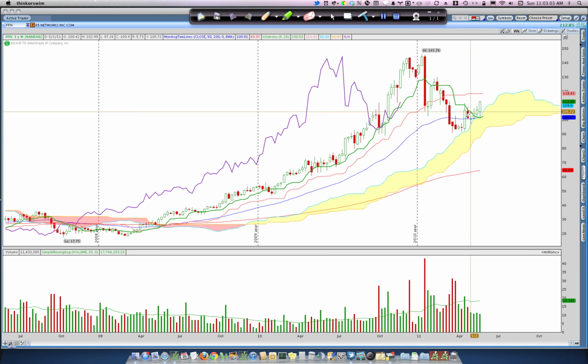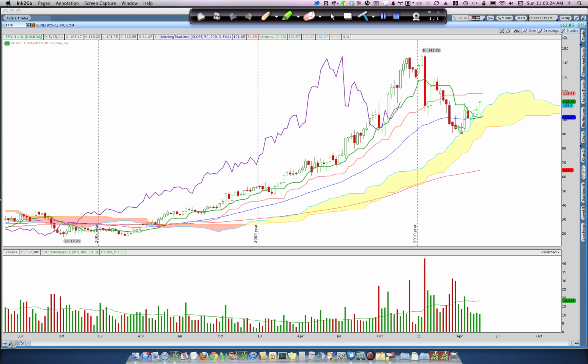The next one you want to know is your green line here, which they call the Tenkan-sen. That is a 9-period moving average. Basically, it takes, in this case, 9 weeks, 9 candles, 1, 2, 3, 4, 5, 6, 7, 8, 9.